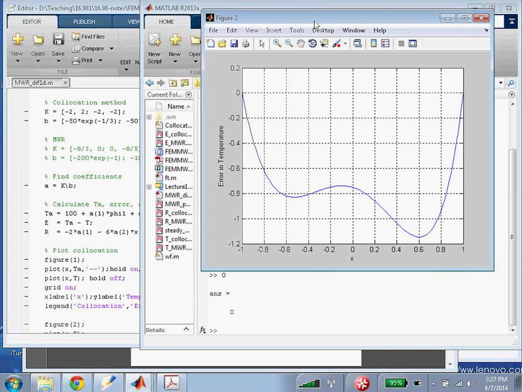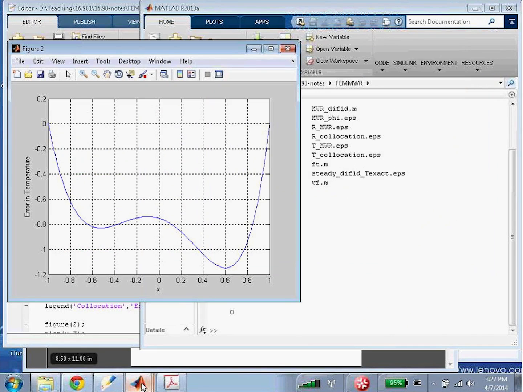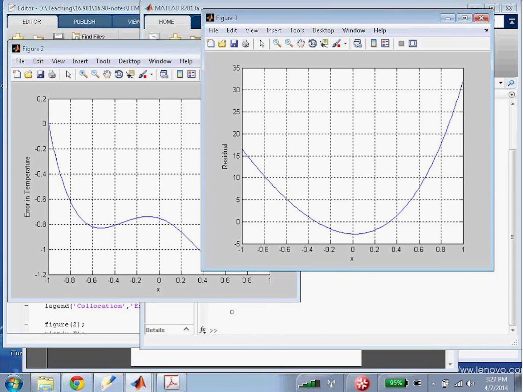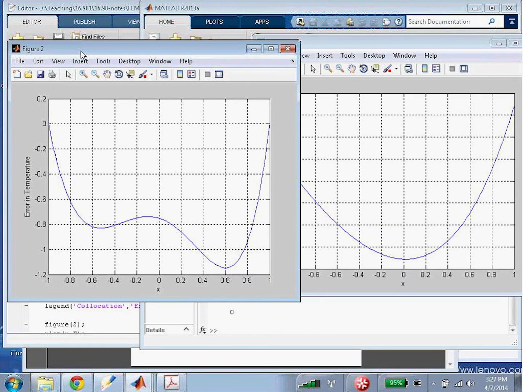So let's try to put them side by side. Yeah, exactly, that's exactly right. So if we start with the error, should the error? Oh, it's still warming up.